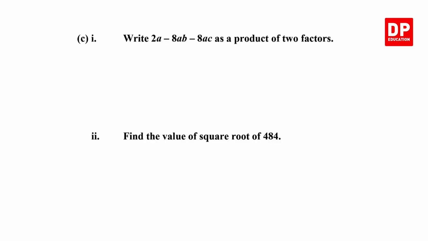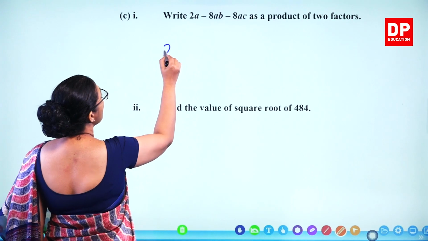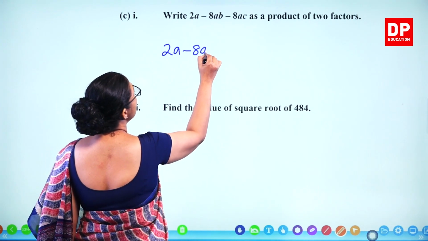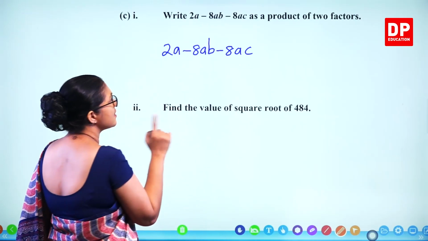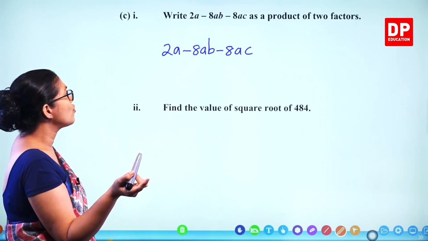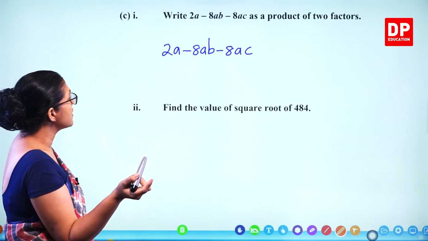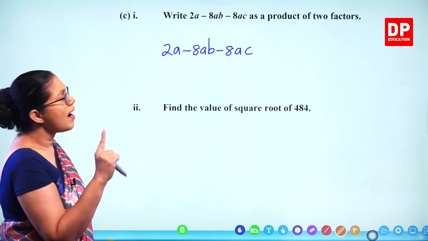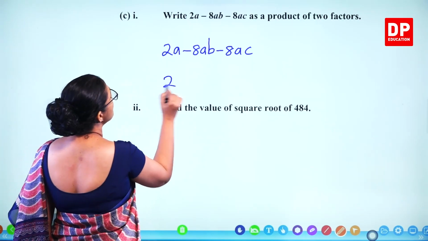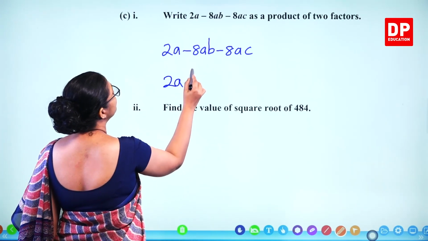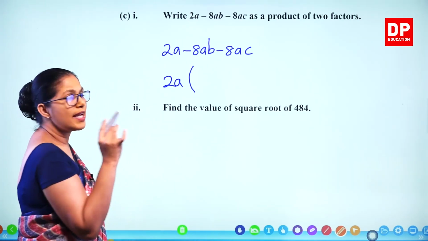Part C, write 2a minus 8ab minus 8ac as a product of 2 factors. So basically they are asking to factorize, make brackets. Find the highest common factor. So 2 is common and a is common. That's the highest common factor. Take it out.